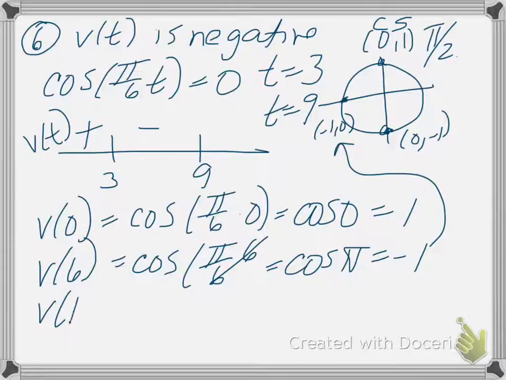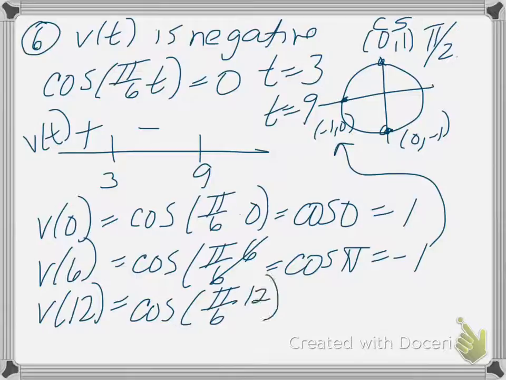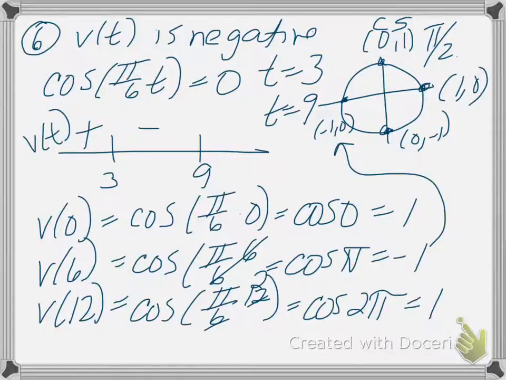And then if I do v of 12, which is bigger than 9, and I'm choosing 12 because when I do pi over 6 times 12, the 6 goes into 12 two times, and I get cosine of 2 pi, which is this point right here. Cosine of 2 pi is equal to 1, so that's positive. We're trying to find out when it is negative, and you can see that in the section between 3 and 9, that's when it's negative.